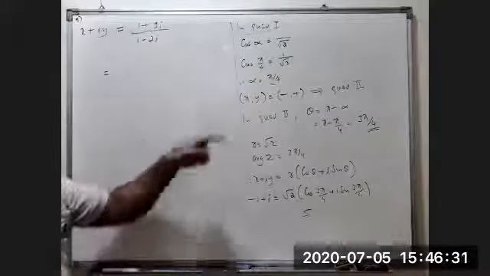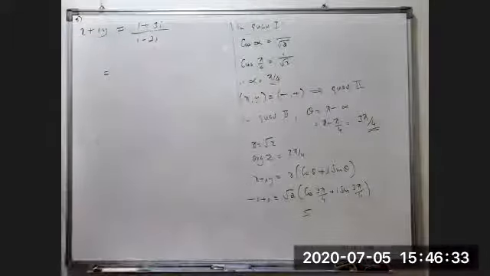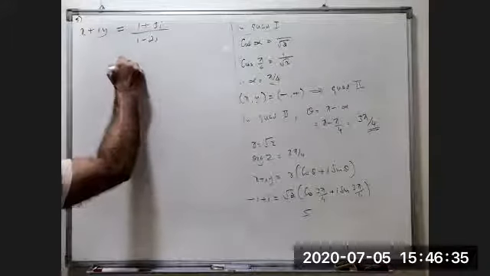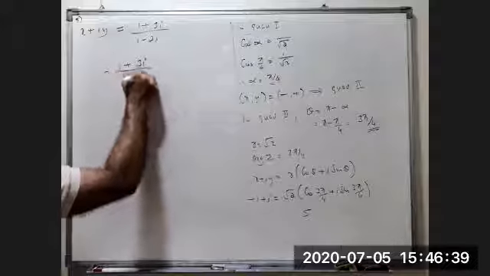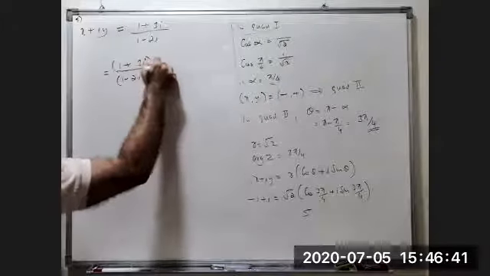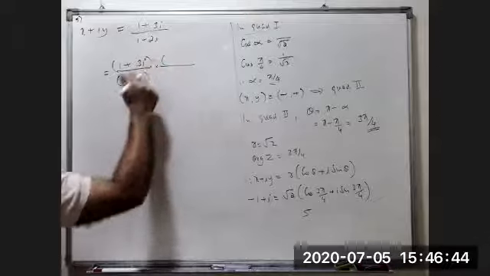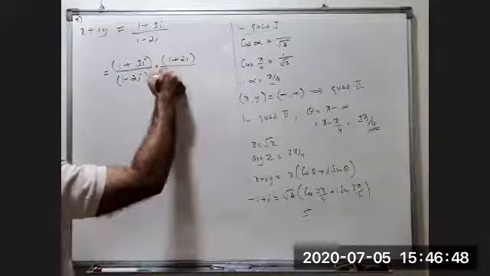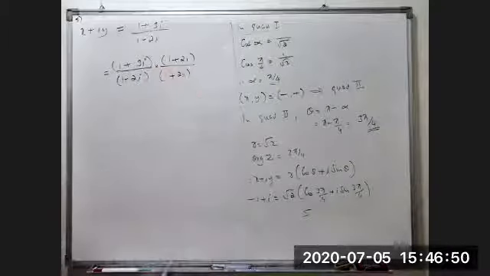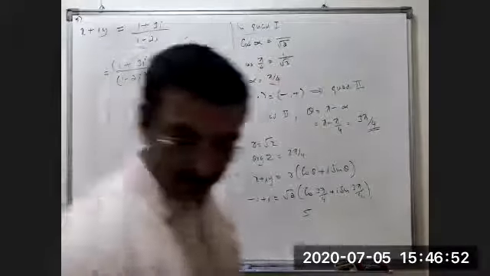Again, what to do? Multiply by the conjugate. All of you start, do it fast. 1 plus 3i by 1 minus 2i, multiplied with the conjugate of the denominator, which is 1 plus 2i, 1 plus 2i.